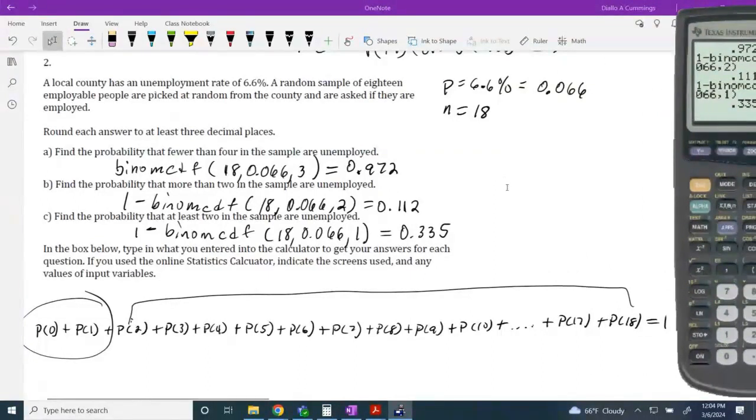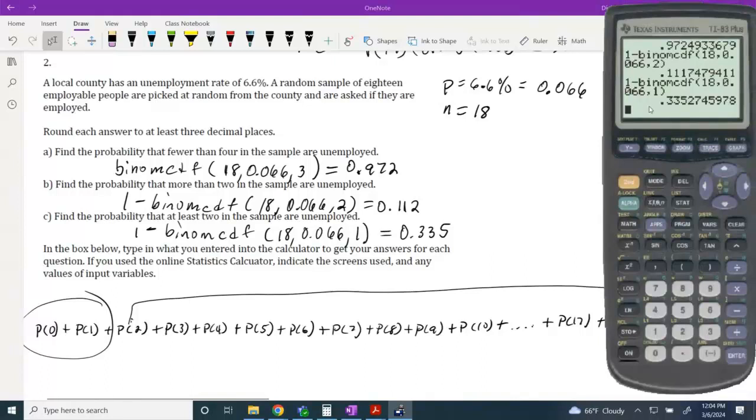Like this one we just did. Unless it tells us to. Now the thing about each answer, yeah, these 3 decimal places, so we would not round that 335 to, well, no, because the 2 is. That's right. We would keep it, yeah. Okay. So that's what I got.